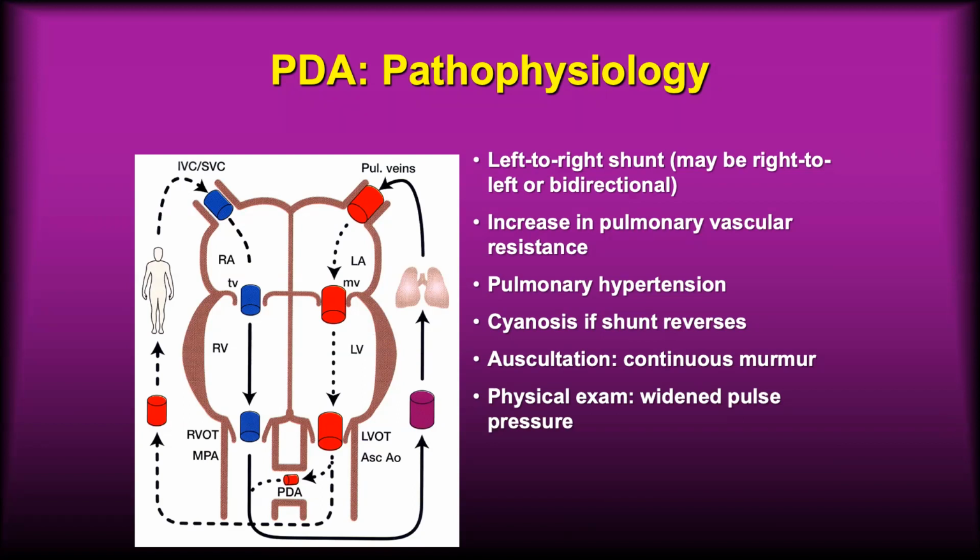It's a big stroke volume across that aortic valve. And if it's a bad enough PDA, it's not enough getting out to the tissues. So it depends on how you measure cardiac output. If you just measure it by heart rate times stroke volume across the aortic valve, you're not going to see it. But in terms of what gets out to the tissues, that could be reduced.